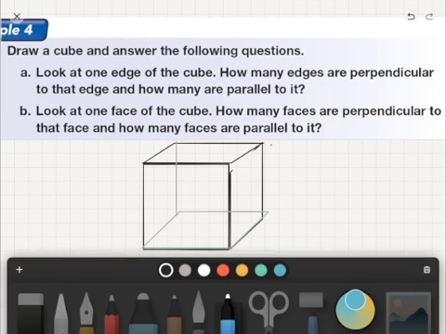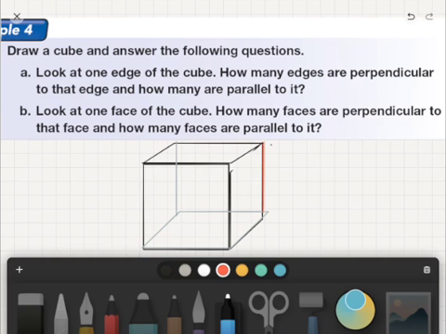Alright, so look at one edge of the cube. Okay, I'm looking at... let's see. Maybe I'll look at this one. Okay, so how many edges are perpendicular to that edge and how many are parallel?